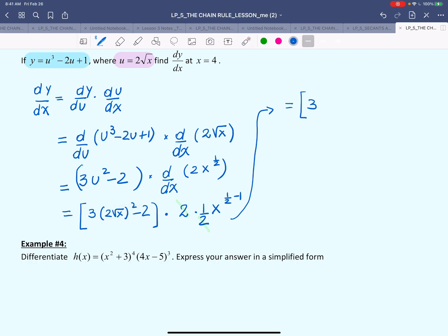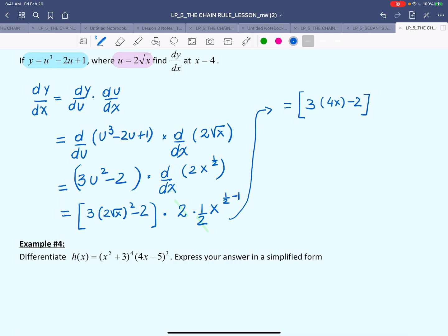So that equals 3 times 4x minus 2, multiplied by the 2 simplified, x to the power of negative half. So in return, here we have 12x minus 2 times x to the power negative half.